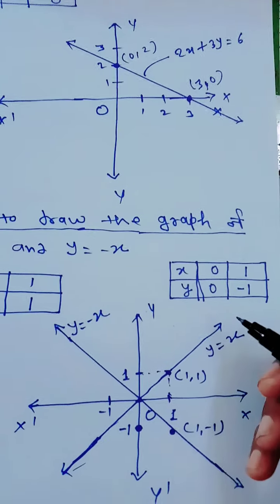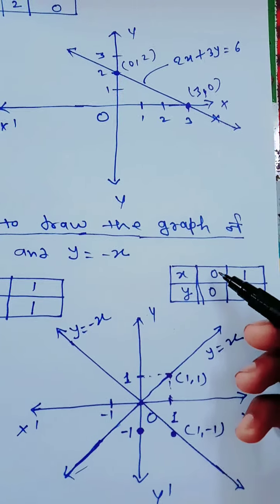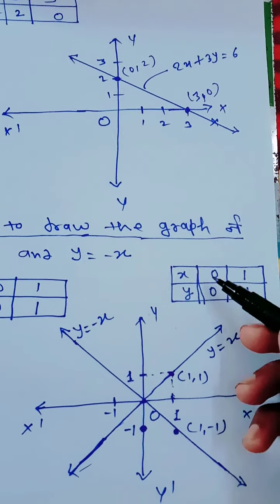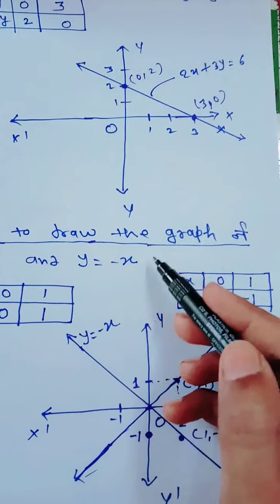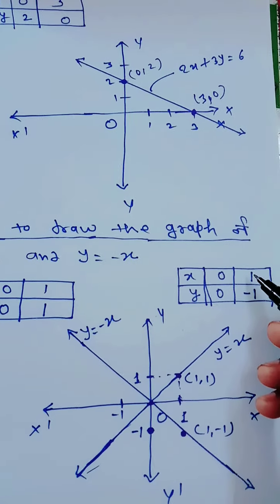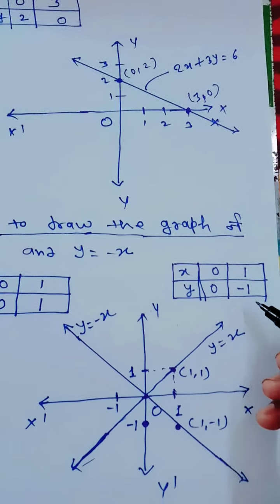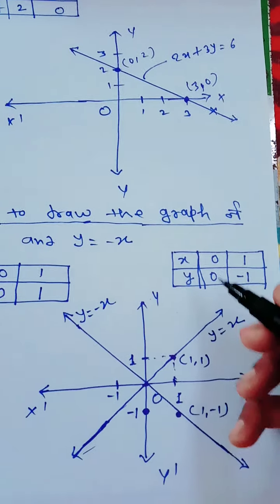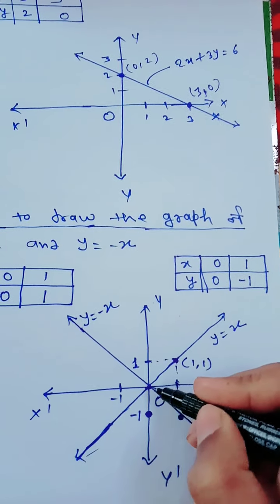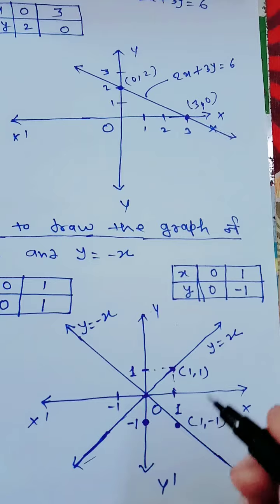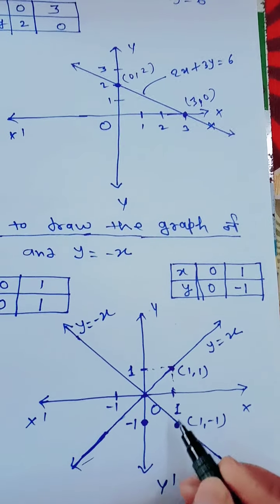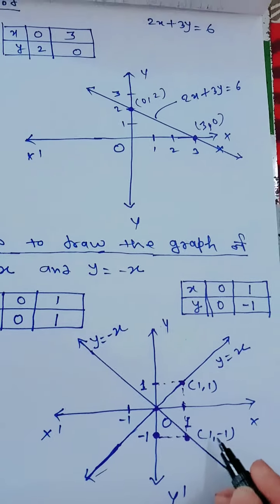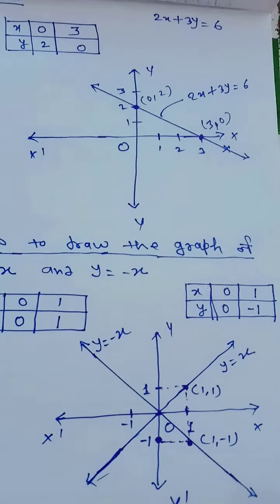Next, our graph is y equal to minus x. Now if you put x equals 0, you will also get y equals 0. And if you put x equals 1, you will get y equals minus 1. So we will locate these 2 points: (0, 0), the origin, and (1, minus 1).